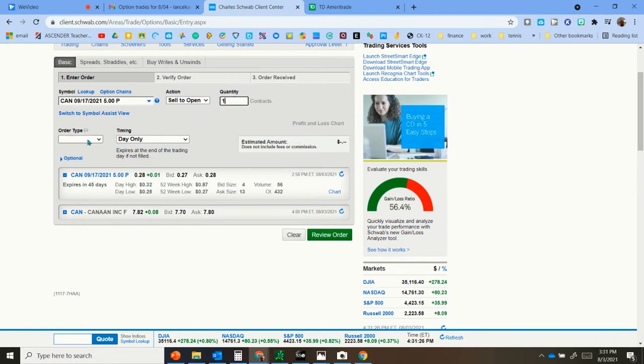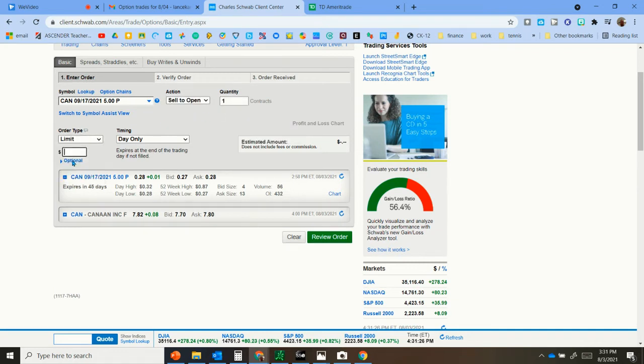One contract. Order type is do a limit order again at 0.3. Keep it as a day order. Shows the estimated amount of premium received will be $30. And then you click review order and submit. That's really about it. So this is how you set up your initial positions based on the recommendations that are given each day.